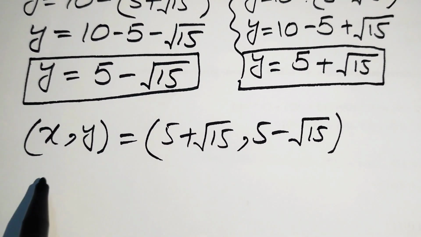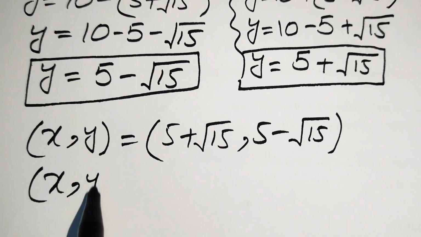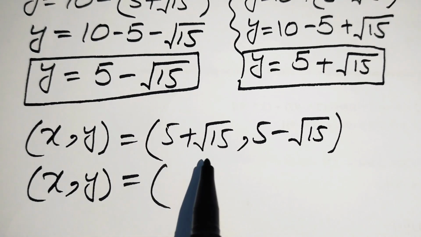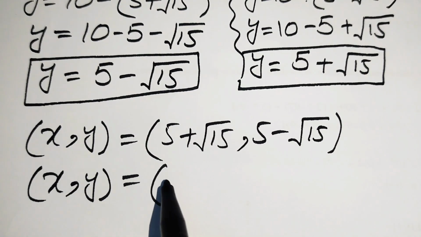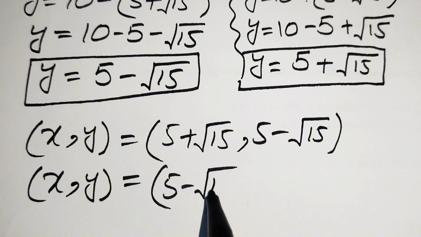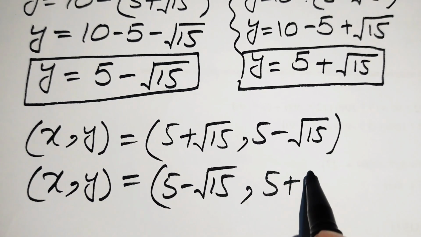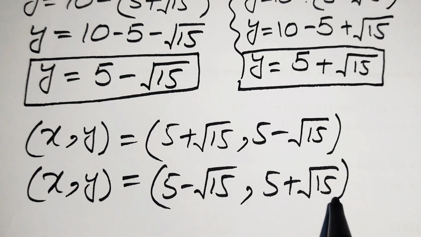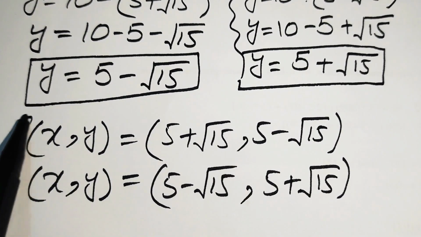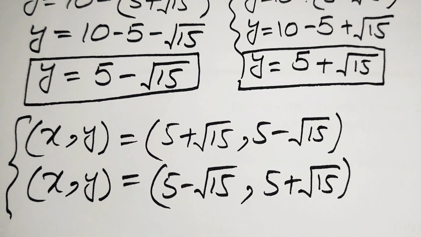Similarly, in the second case the second value of x is 5 minus square root of 15, and the corresponding value of y is 5 plus square root of 15. So these are the two solutions of the given equation, and this is the final answer.